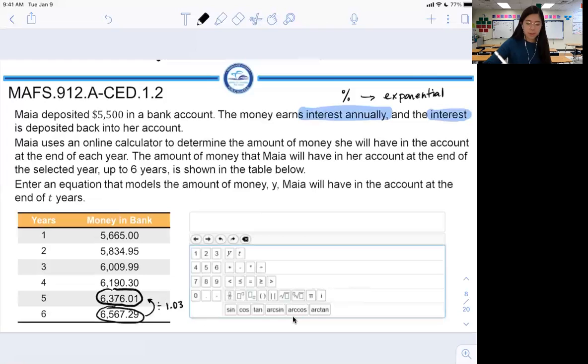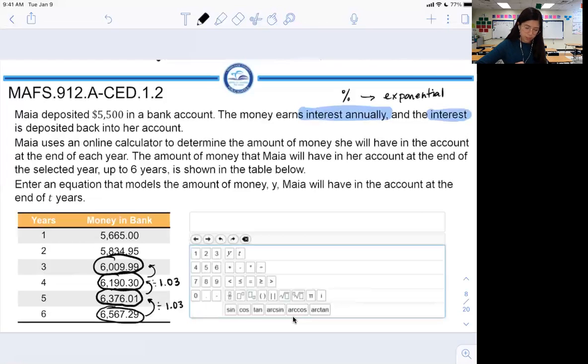Then I'm going to do it again. I'm going to divide by the next number. So now I'm going to do 6,376.01 divided by 6,190.30. And I get 1.03 again. Do it one more time. I should be getting the same number, but let's find out.